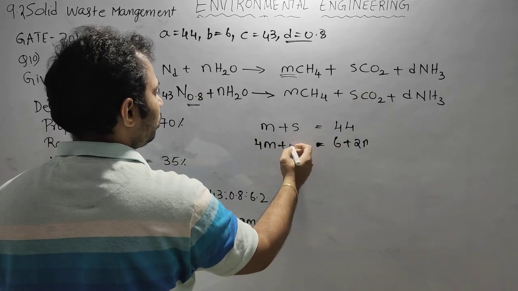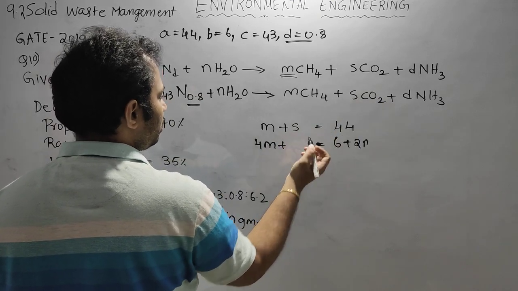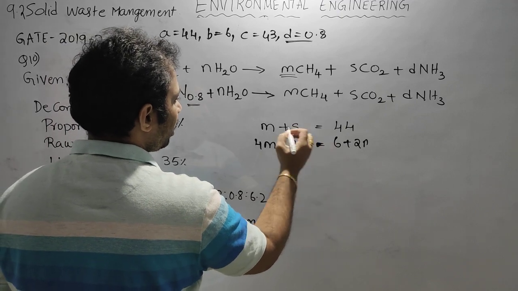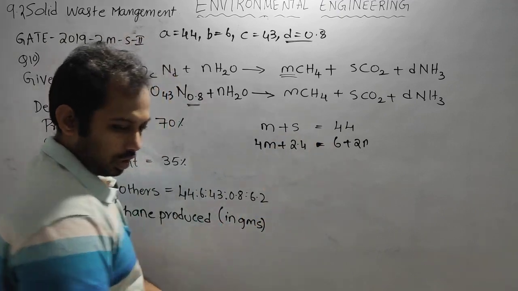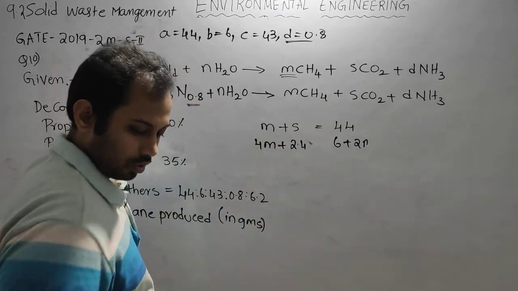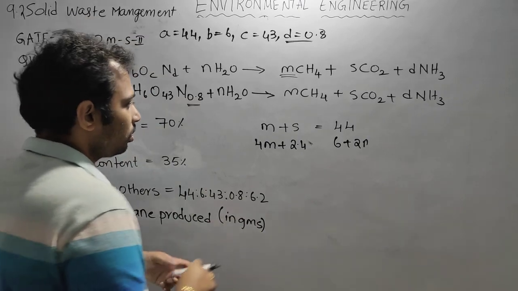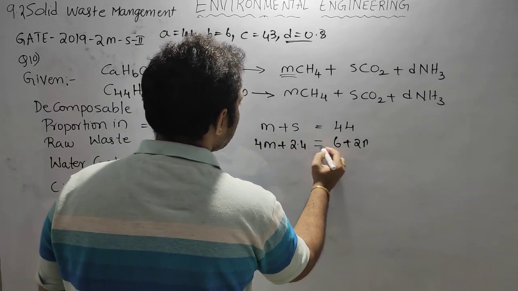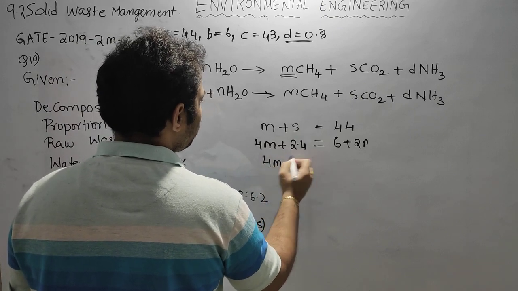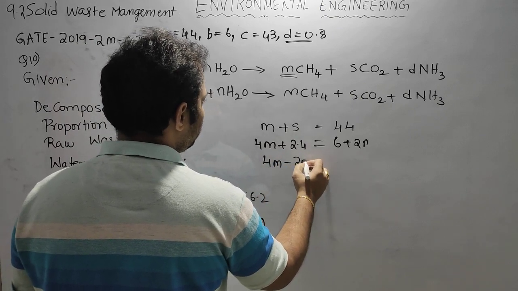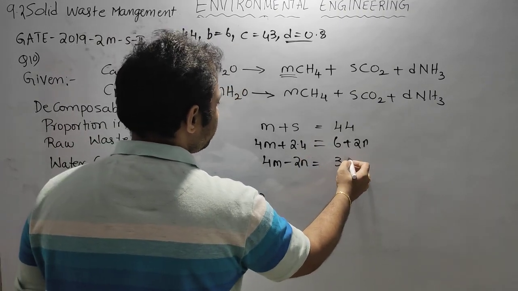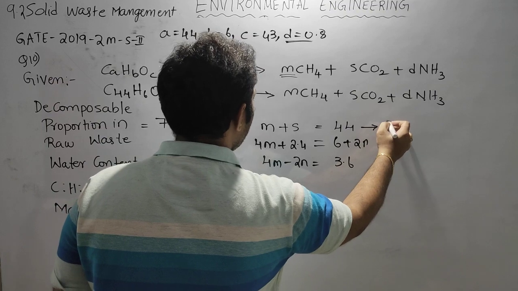So 3 into d, that is 3 into 0.8, that is 2.4. Now I will bring all these things on one side. 4m minus 2n is equal to 6 minus 2.4, that is 3.6. So this is equation number 2.